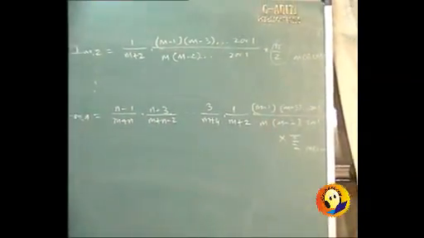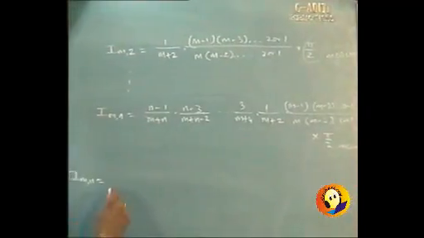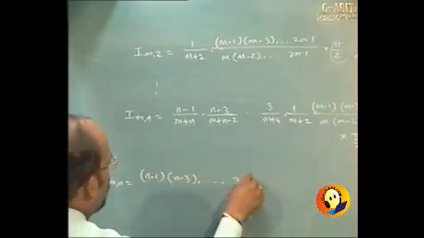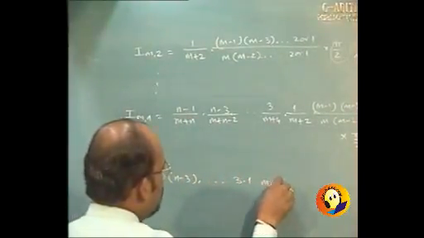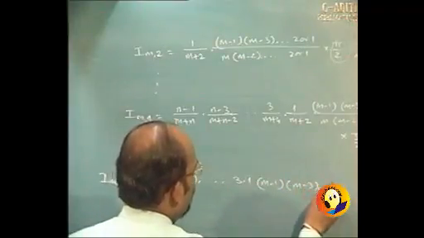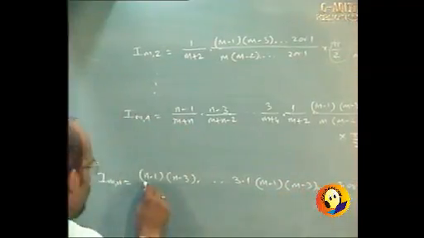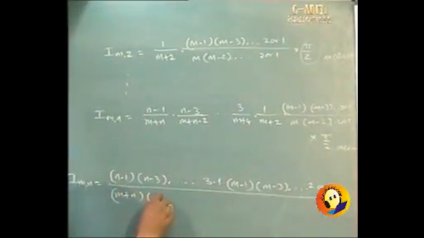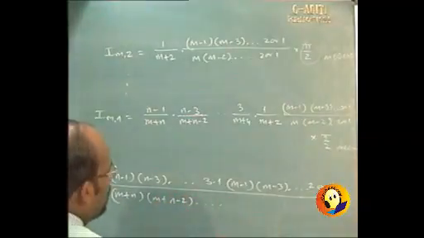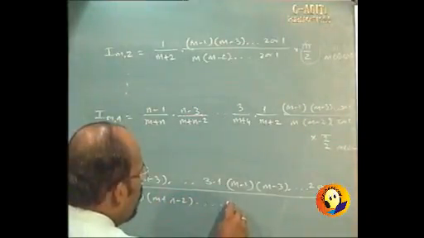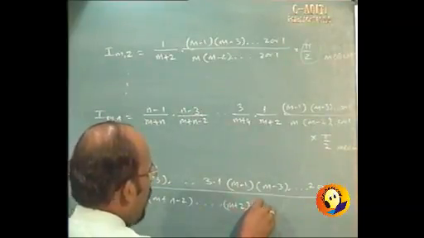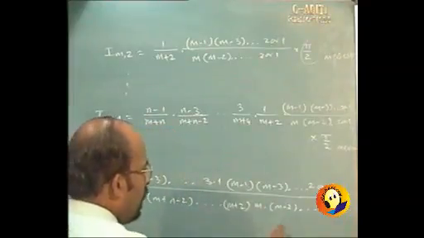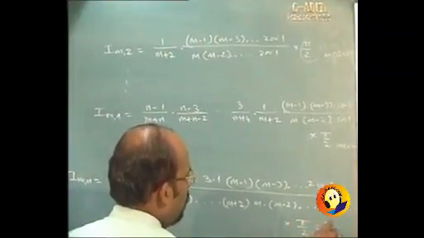So ultimately Imn can be written as n minus 1 into n minus 3 etc. into 3 into 1 into m minus 1 into m minus 3 up to 2 or 1 divided by m plus n into m plus n minus 2 etc. up to m plus 2 into m minus 2 up to 2 or 1, into pi by 2 if m is even.